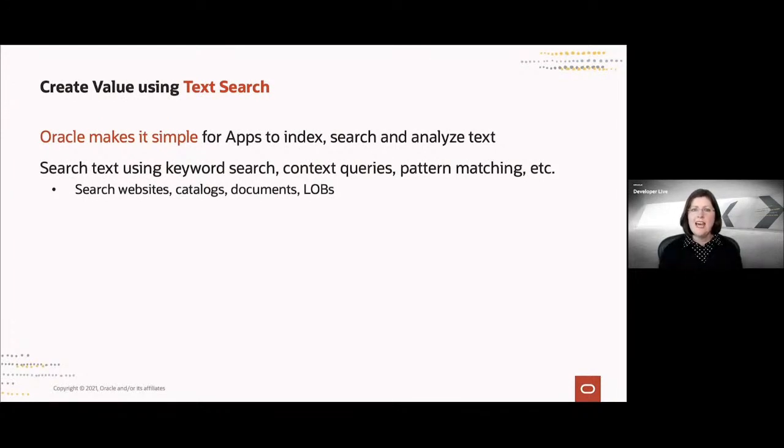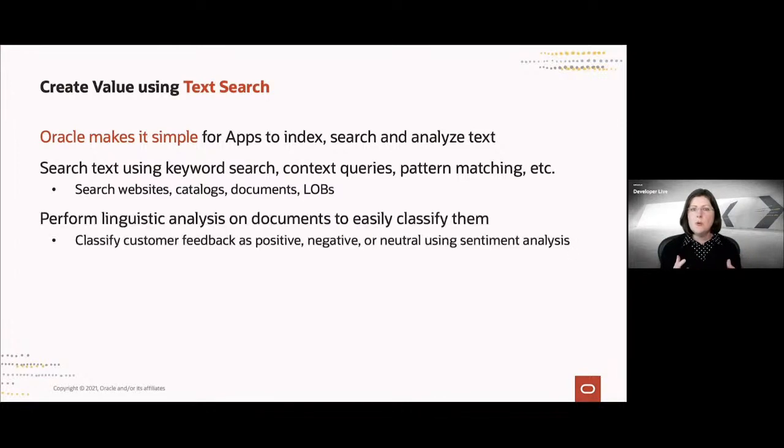And not only can you do that, but you can also perform linguistic analysis on documents to make it really easy to classify them. So for example, if we were streaming our customers' feedback from social media into our application, then we can classify that feedback as either positive, negative, or neutral automatically by taking advantage of the text search capabilities inside the database.